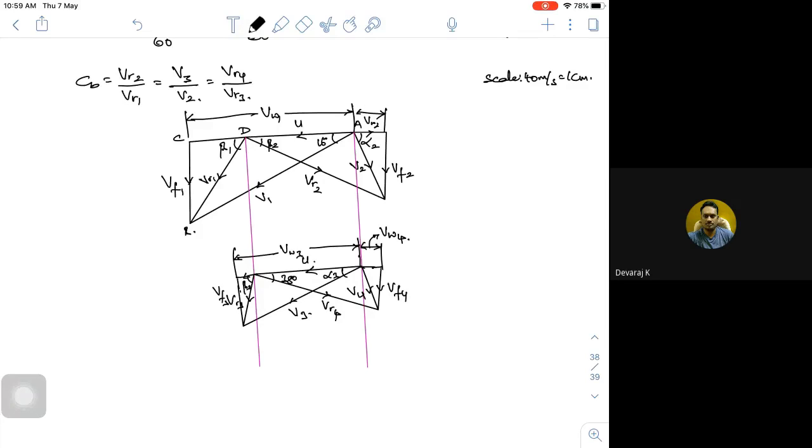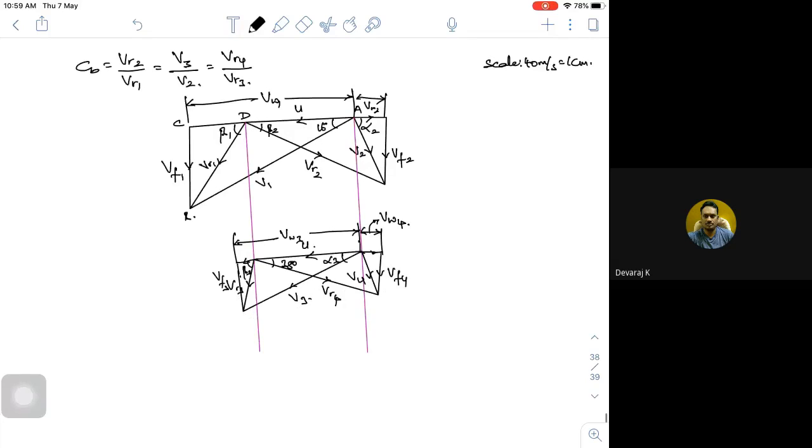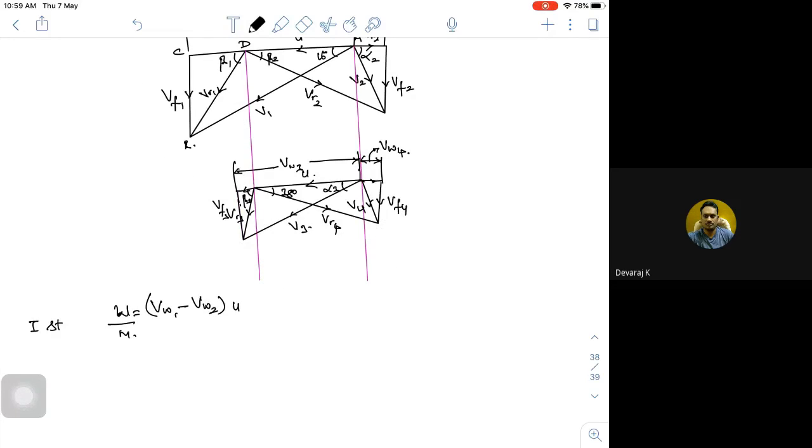Okay. Now, what will be the work done? Work done is individual, I need to find the work done for each. What is the work done for the first row? This will be VW1 minus VW2 into U. This is W by M for the first row, or first stage.